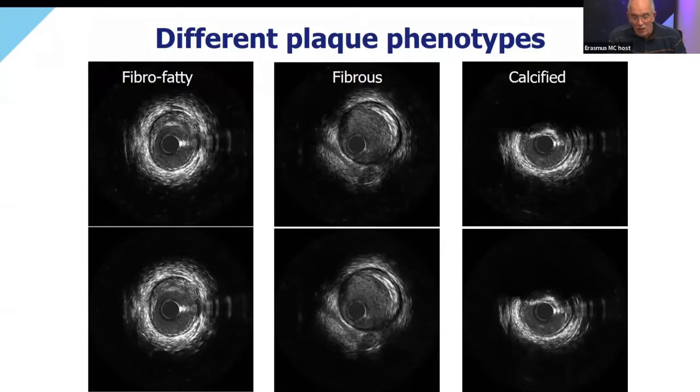If we go to the middle, all the plaque that is just as dense as your surroundings, but where there is no shadow, you can classify as fibrous, which is more stiff. Then you see that going from left to right, we get harder plaque. At the right side, we see calcified plaque, and with the calcium we have an acoustic shadow behind it. That is because calcium has a very high acoustic impedance and therefore a very high difference with the surroundings.